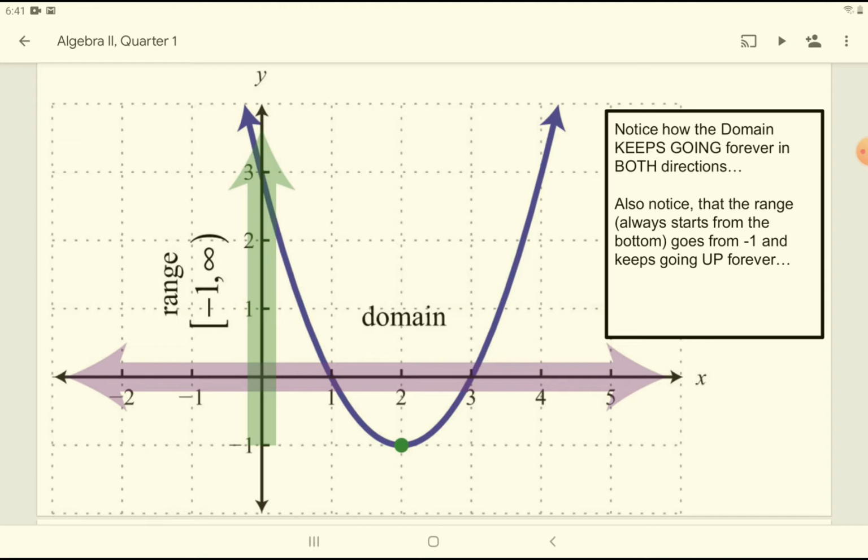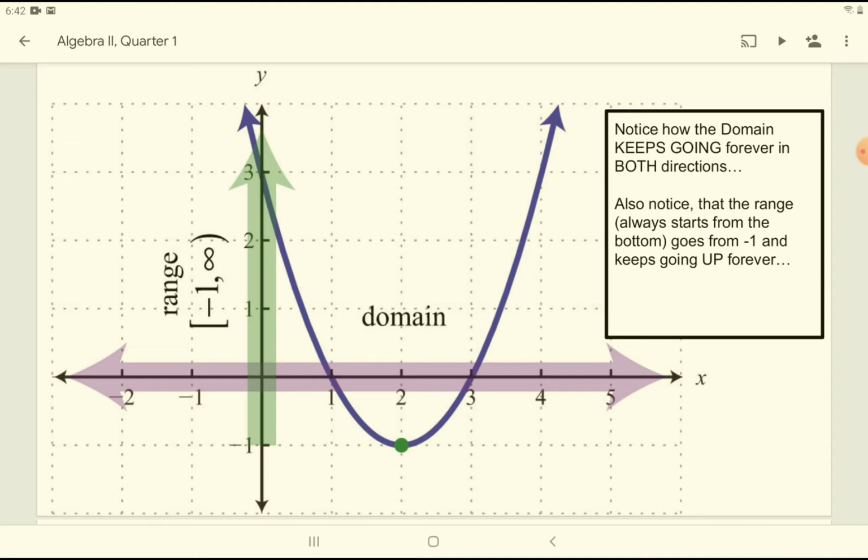It keeps going, but with the arrow, it just looks like it stops because we can't draw the lines forever, right? So we just draw the arrowheads to tell other people, okay, this goes on forever. That's what the arrowheads actually mean. So notice, let's talk about the domain. The domain literally goes forever in both directions, left and right. So it keeps going forever and ever and ever.